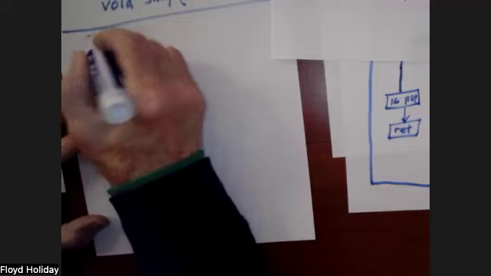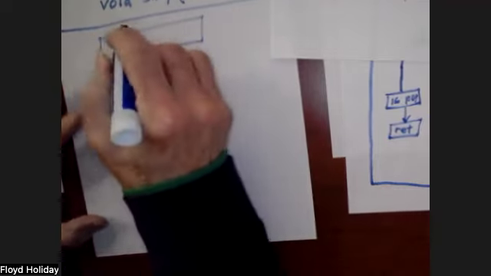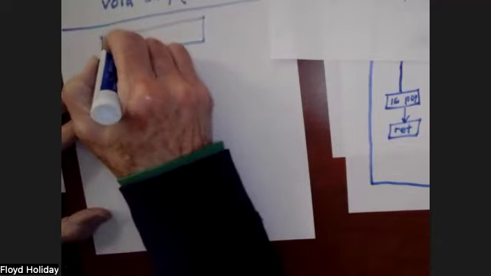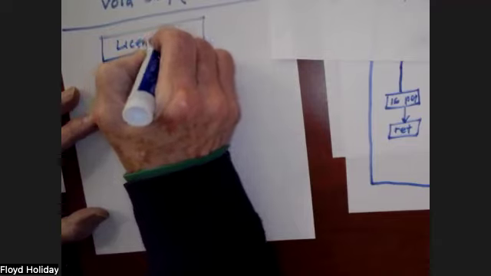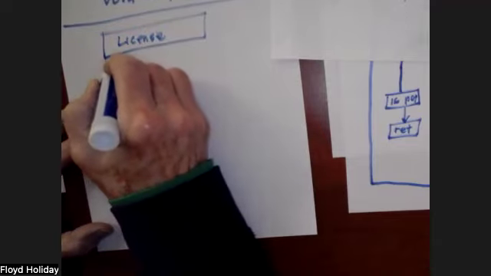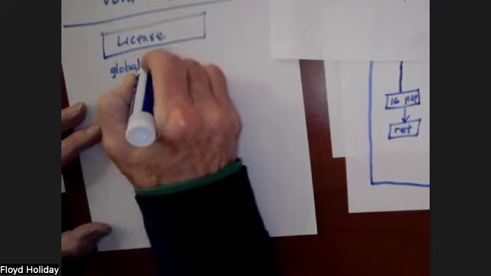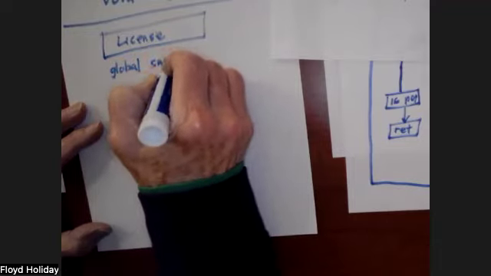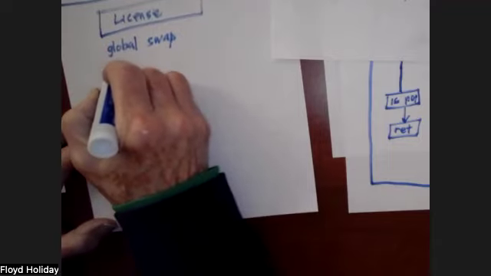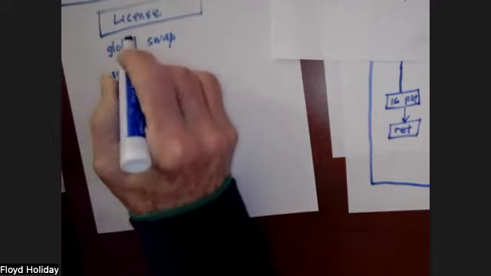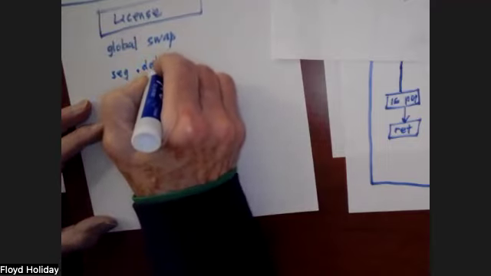Okay. Genuine function. Here's license agreement and global swap. I don't think we need anything else. And then segment dot data is empty.